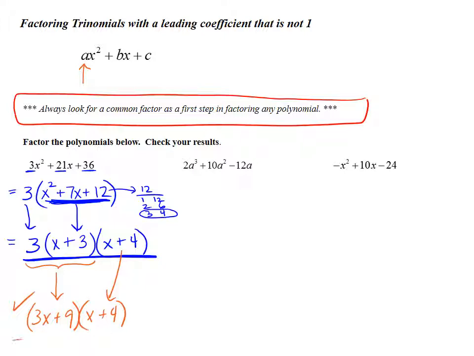When we do that, we get 3x times x, or 3x squared, plus outside is 12x. Inside multiplies to 9x, and the last terms multiply to 36. So 3x squared we started with, 36 we started with at the beginning, and then the 12x and the 9x add up to the 21x, which was in the middle.